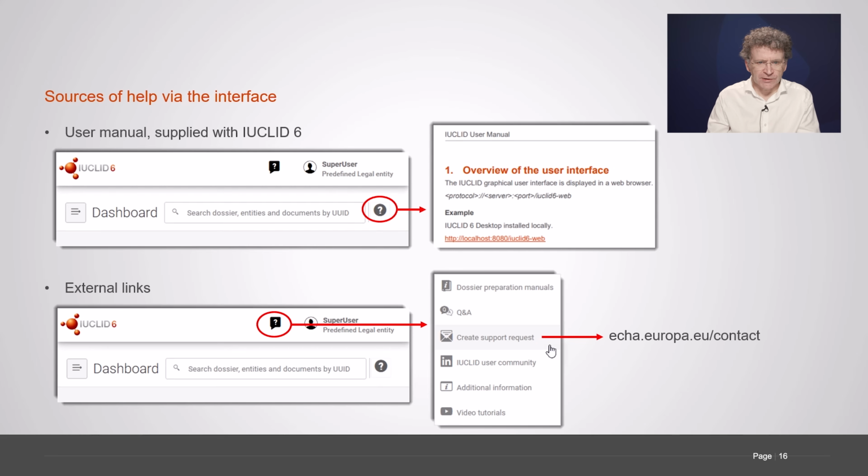In the top bar here, there are links to external sources of information, which include links to legislation-specific manuals on the ECHO website, the FAQ on the Euclid website, the Euclid group on LinkedIn, our own YouTube video channel, and finally here a link to the contact page on the ECHO website, which opens up the page shown on the next slide.